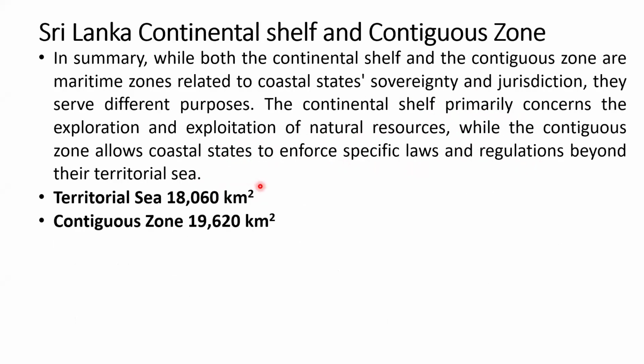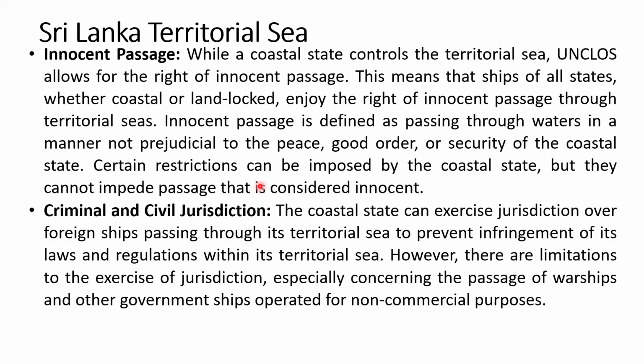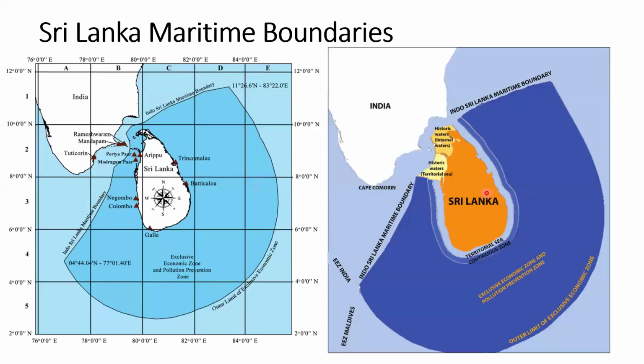Now here, it's mentioned as 200 nautical miles, but since we do not have any other country within the vicinity of our country along this area, we can get our maximum benefit of 200 nautical miles, or 360 kilometers. But in these areas, you can see, we can't get that, right?